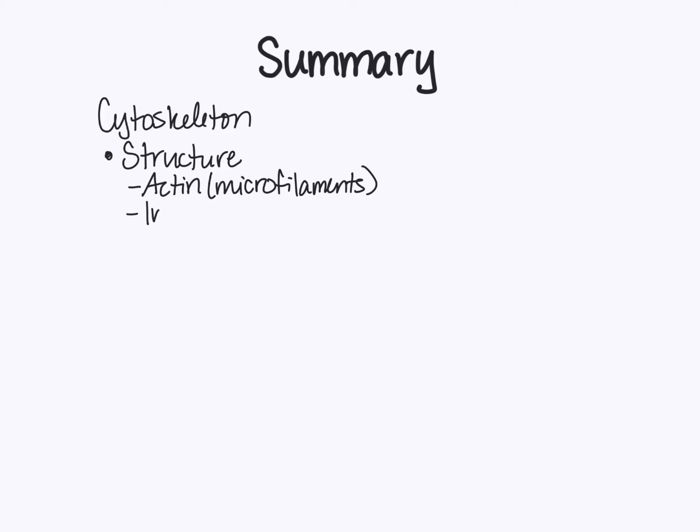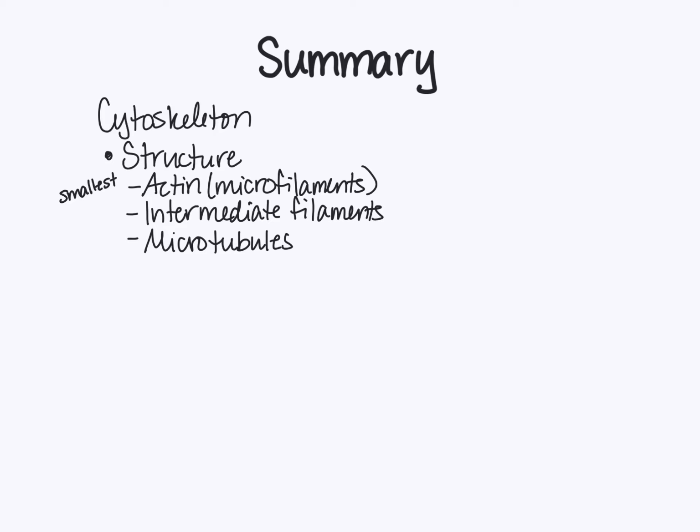We have intermediate filaments. And we have microtubules. Each of these varies in their size and shape and arrangement of proteins, with actin being the smallest of the three, and microtubules being the largest of the three.